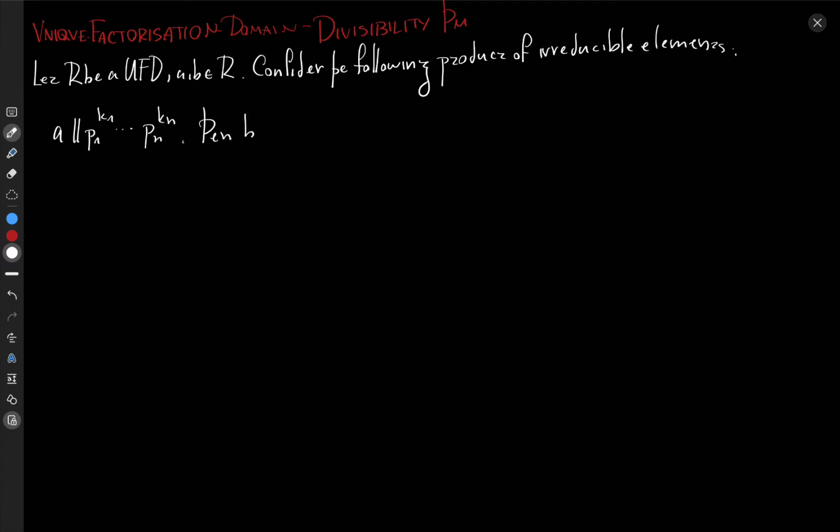Then B divides A if and only if B is associated with P1 to some L1, which is a smaller exponent. Continue like this to Pn to Ln, where Li is smaller or equal to Ki for all i in N.